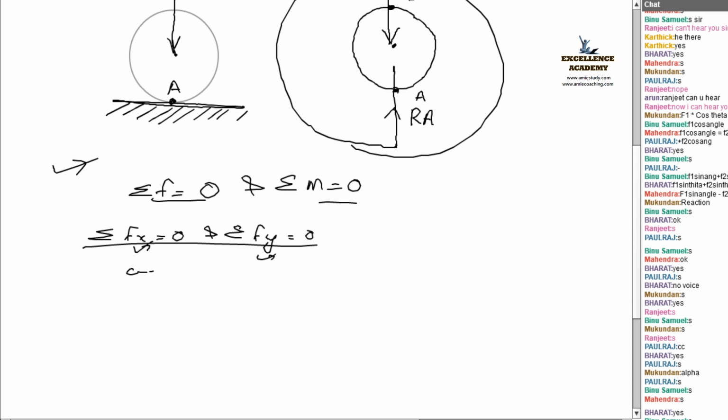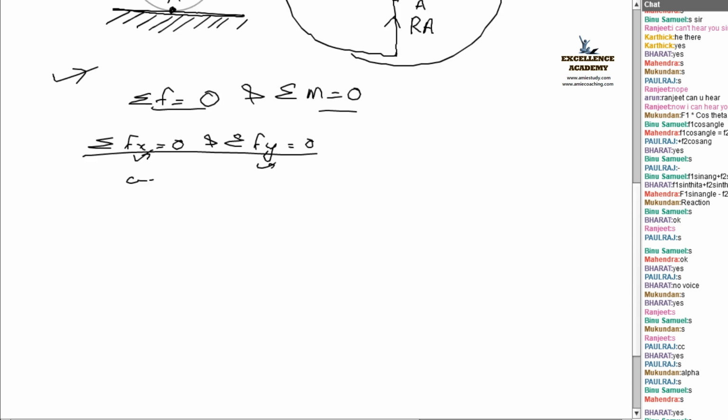After that, we discussed how I can find the resultant by means of the parallelogram law and by means of the triangle law. By means of these two laws, I can find the resultant. And after that, we discussed Lami's theorem. What is Lami's theorem? If three forces are acting on a body, then the force F1 is proportional to what?